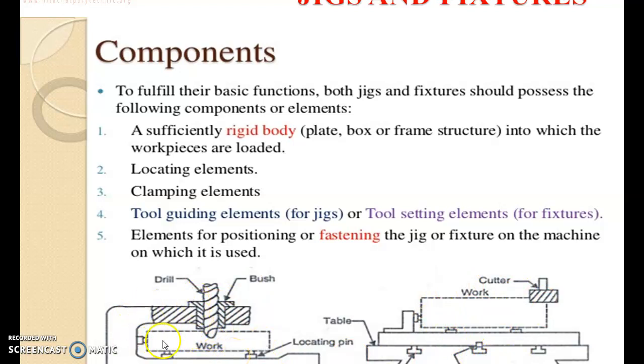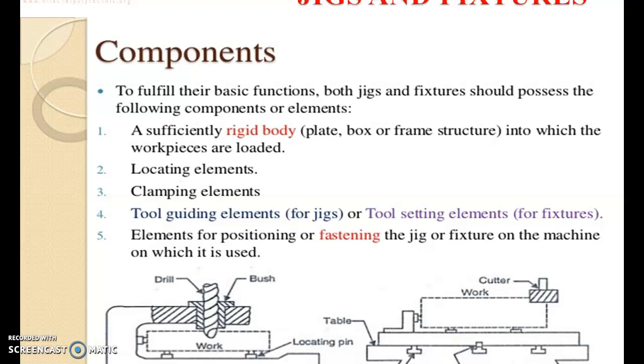In this picture you can find it also holds the workpiece, and as well, if the drill bush is passed through this bush, it can guide the tool also. But in the case of the fixture, it only fixes the work but does not guide the tool. So that is the basic difference between them.